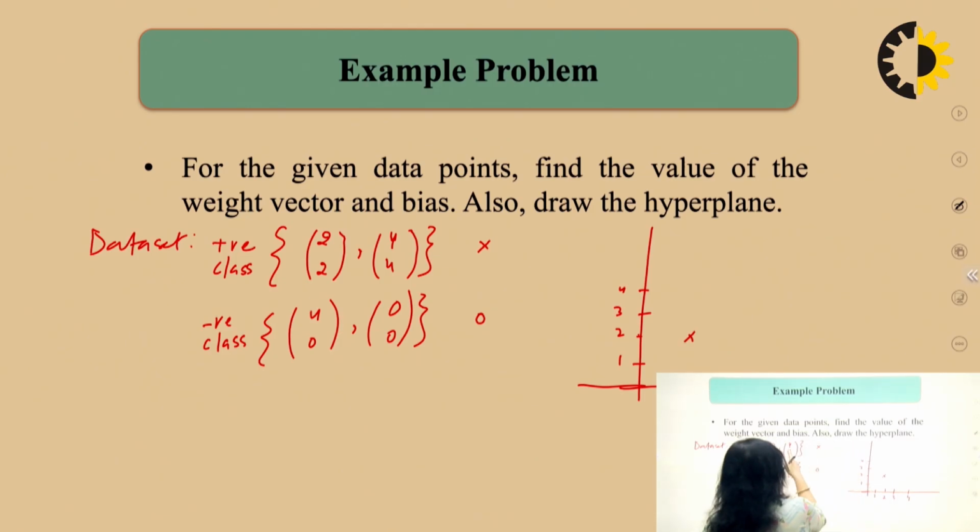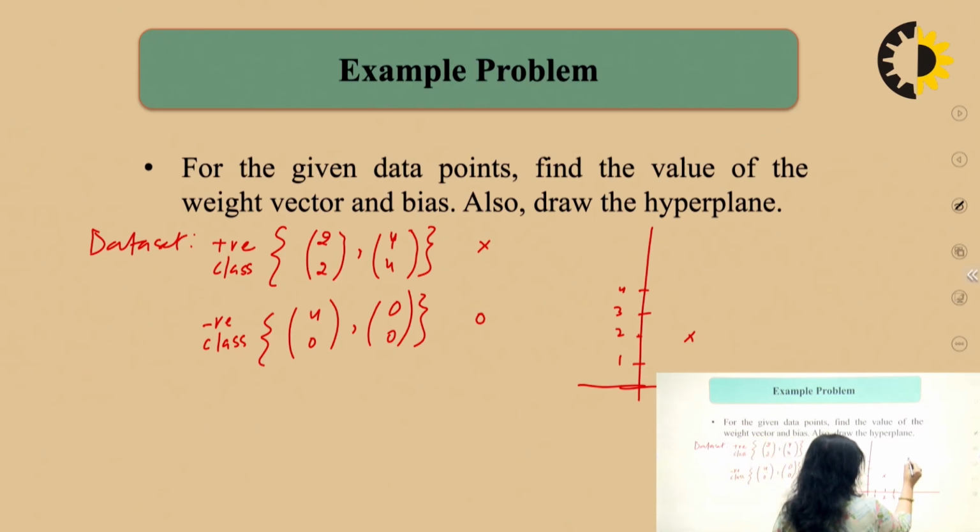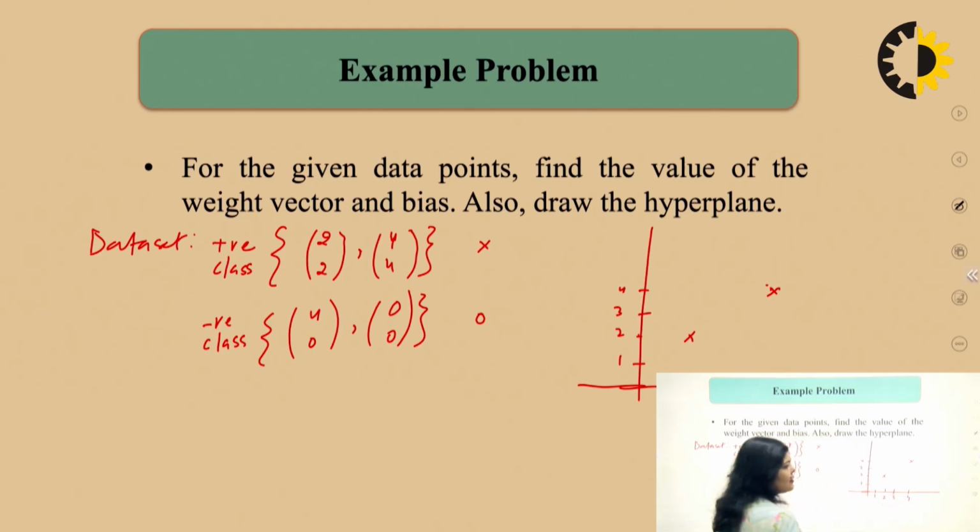The second point is at 4, 4, so at 4 here and 4 here we have another point of the positive class. In the negative class, the first point lies at 4, 0: on the x-axis it is 4 and on y it is 0, so the first point of the negative class lies here. The other one is at the origin.